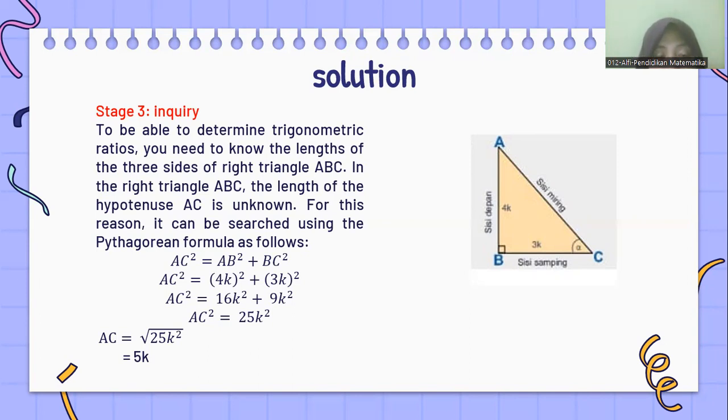AC squared, the hypotenuse, is equal to AB squared, the opposite, plus BC squared, the adjacent. Okay, good.